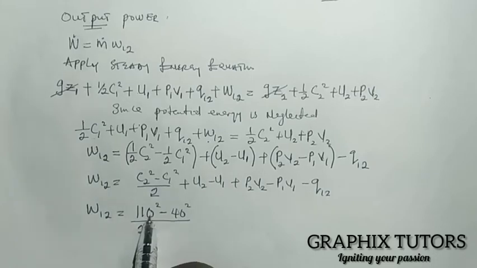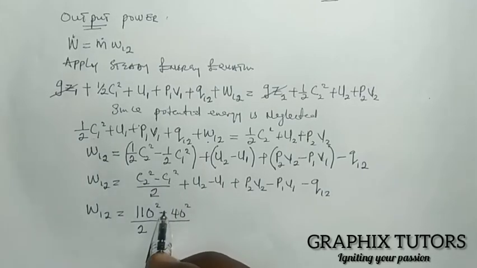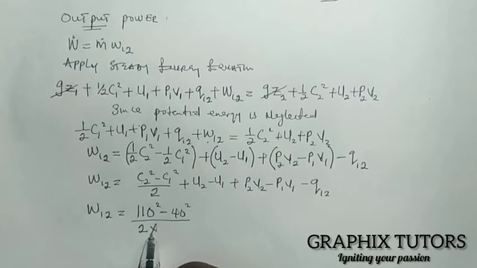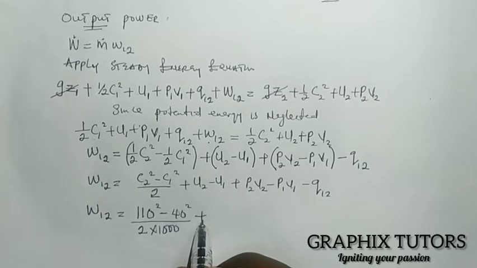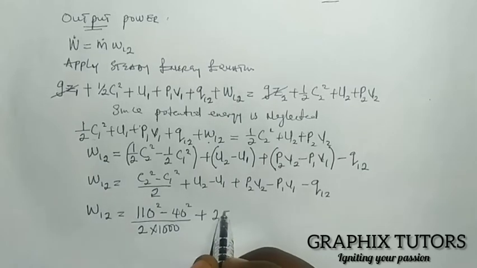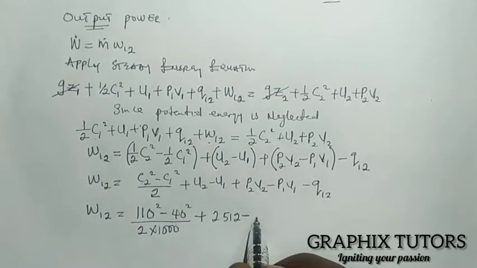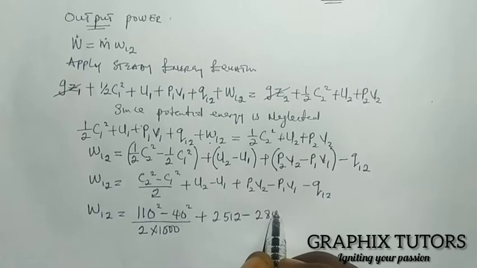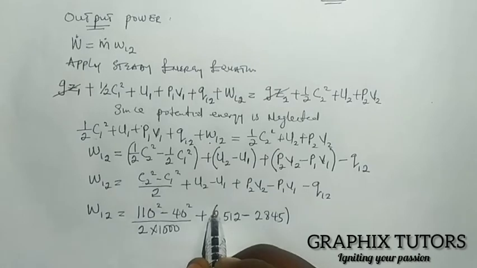But because this is for velocity and it is given in meter per second and all our units are in kilo, we are going to multiply by 1000, right? So plus my u2 is giving us 2512 minus u1 is giving us 2845, right? So let me just put them in brackets here.